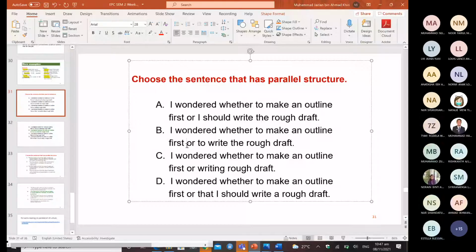Ladies and gentlemen, I want you to try to give your answer for this particular question. Choose the sentence that has the parallel structure and include your answer in the meeting chat.